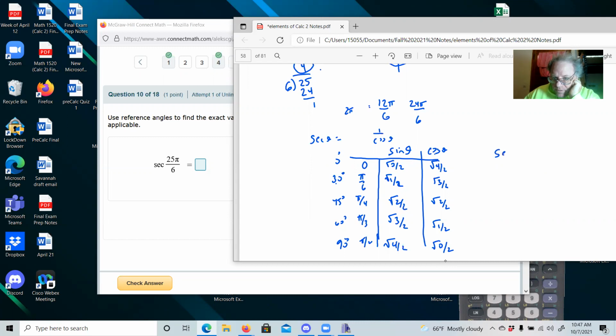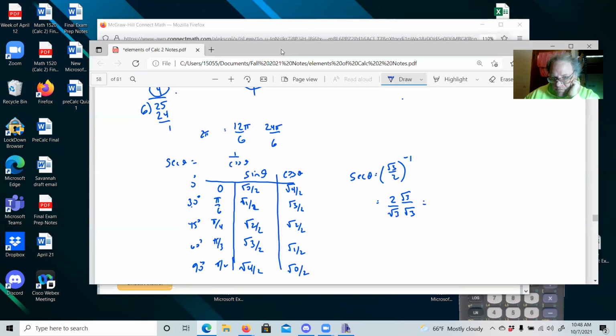So the secant is the reciprocal of square root of 3 over 2, which is equal to 2 over root 3. Of course, every book is going to insist that we rationalize the denominator. So that's 3, and we have 2 root 3 over 3 as my value.